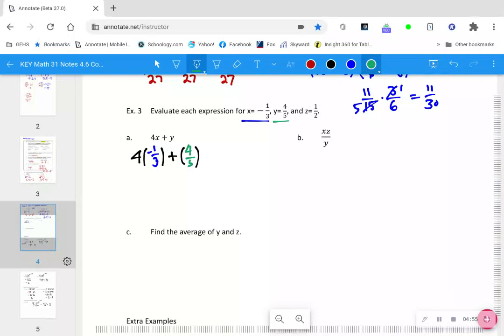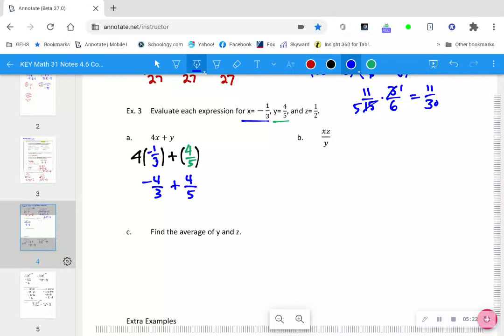The multiplication happens first. So we're going to say 4. Now, if you do 4 divided by 3, like I typically advise, it doesn't work so well. So you can go 4 times the top is -4, and then divided by 3, you just write it that way, like this. -4 divided by 3. Plus 4/5.